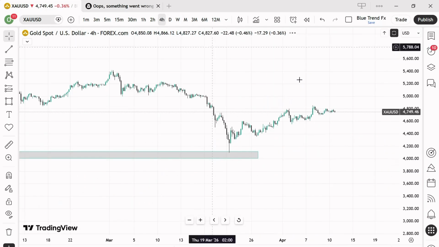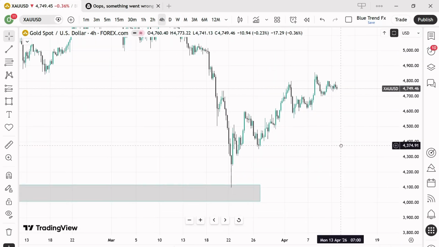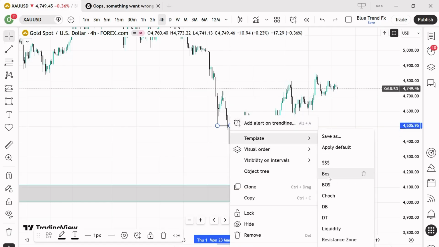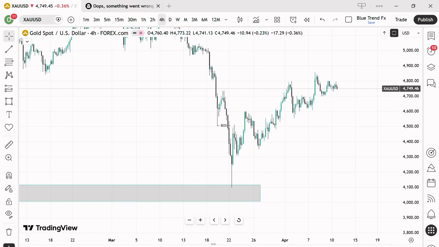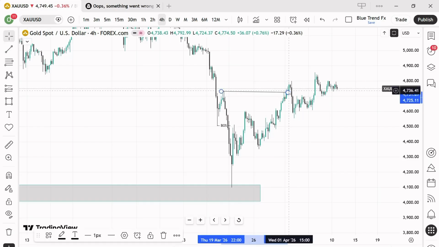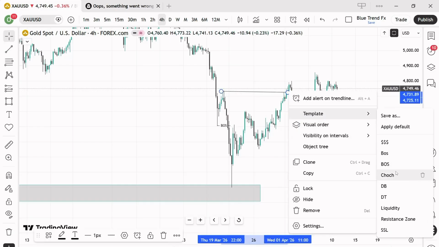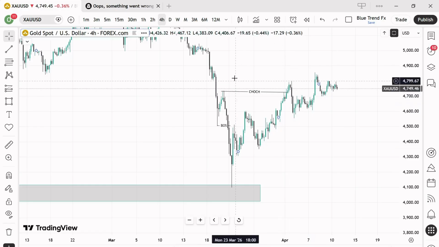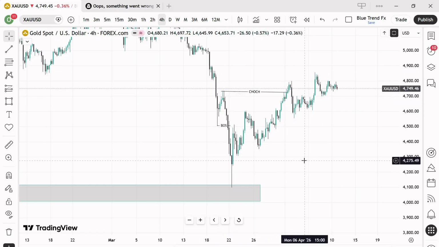And all we have to do now is to read the market structure from right here. So let's dive into 4 hours, guys, to see what we have. Before the market tapped into this demand zone, on 4 hours we had a break of structure right here, which price obviously broke out of last week.